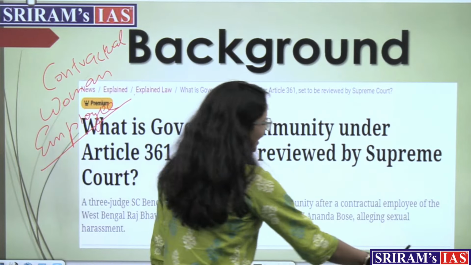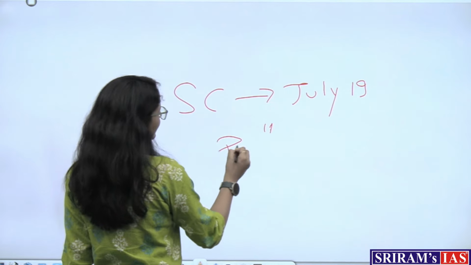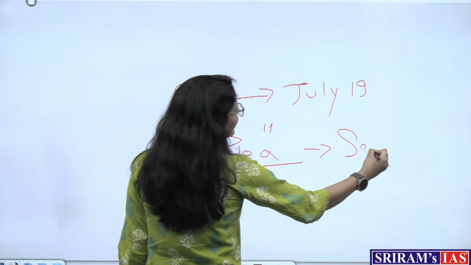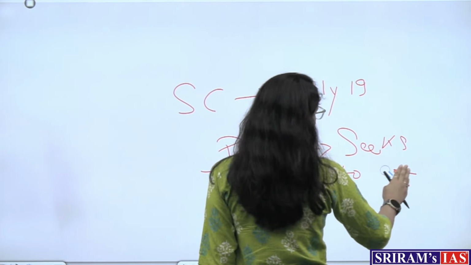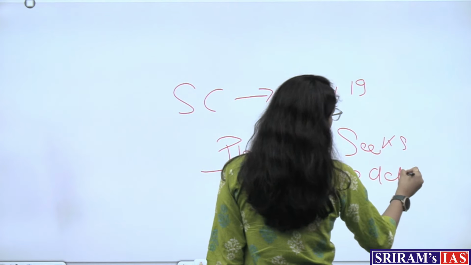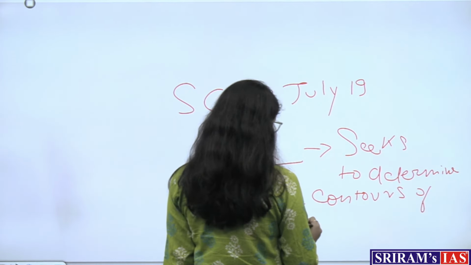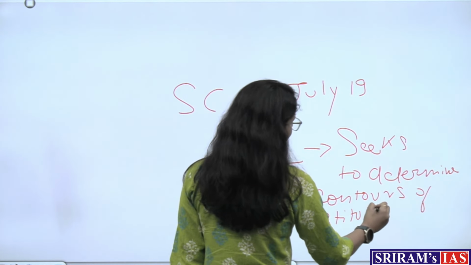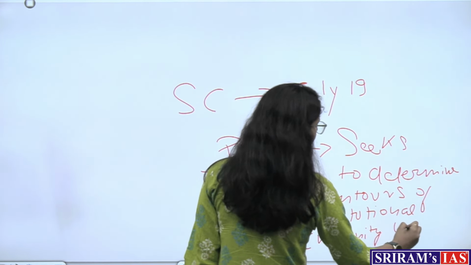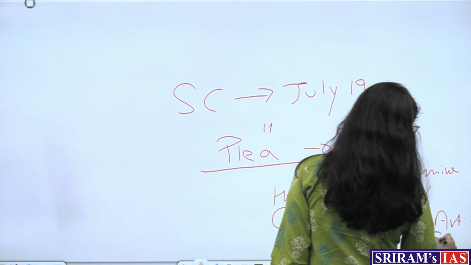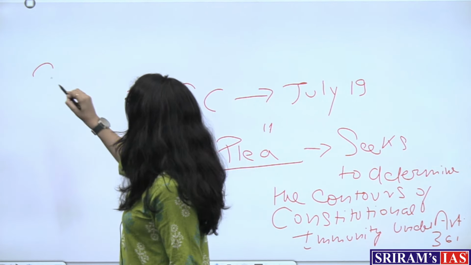Now the Supreme Court on July 19 has agreed to hear a plea in which it seeks to determine the contours of constitutional immunity under Article 361. So finally the Supreme Court has agreed to hear this plea, and a 3 judges bench has been constituted for the same.